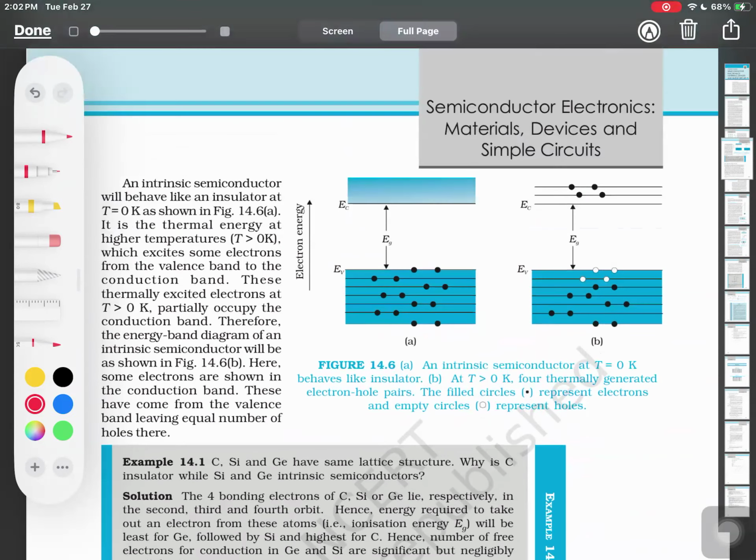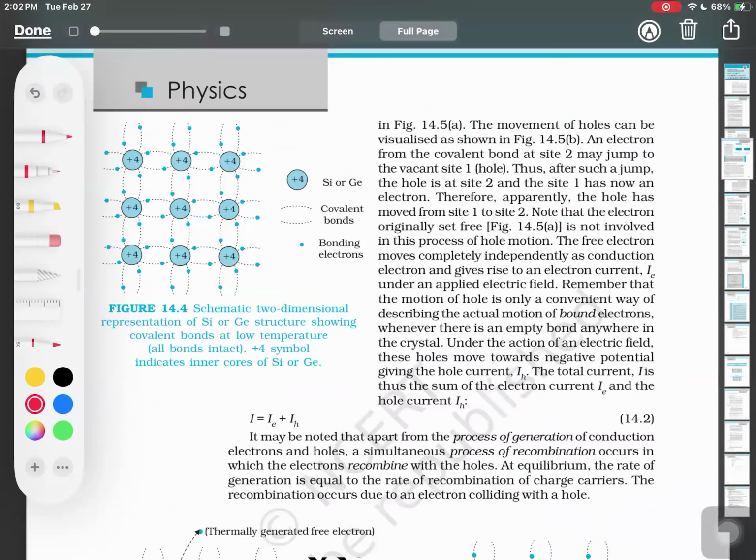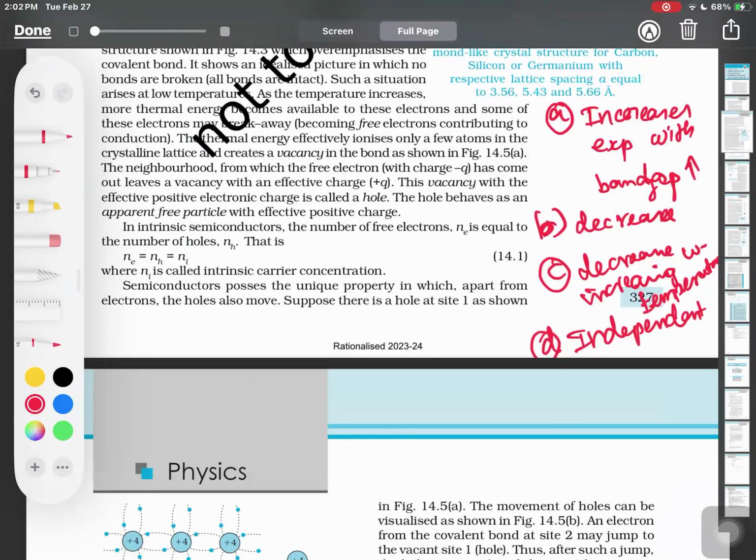What are the four options I gave? Increases exponentially with band gap increasing, decreases exponentially with band gap increases, decreases with increasing temperature, then independent of the temperature and the band gap. The answer is at the finite temperature, decreases exponentially with the increase of band gap.